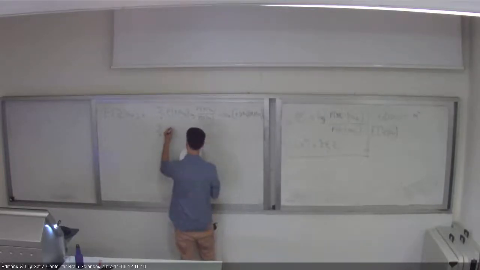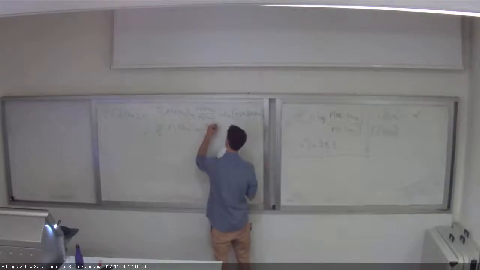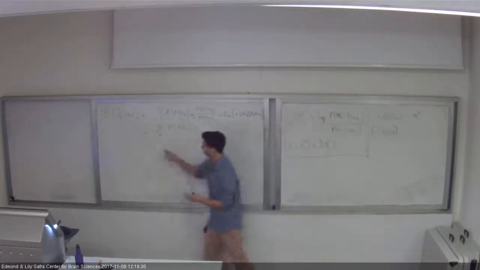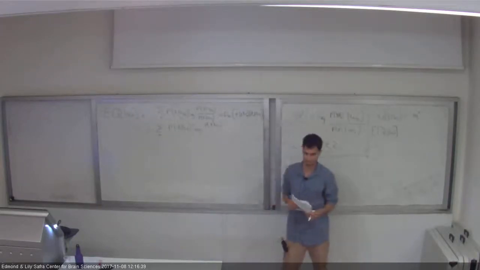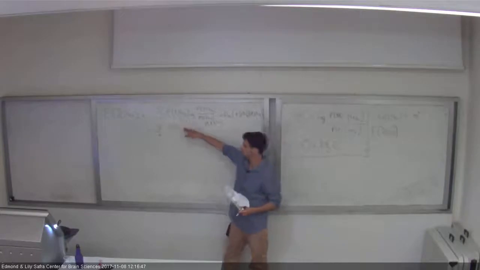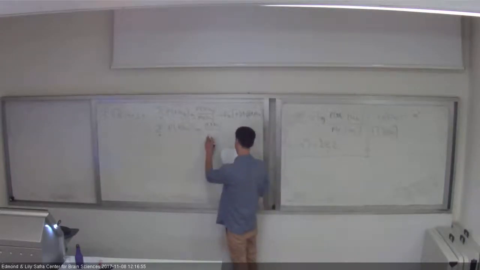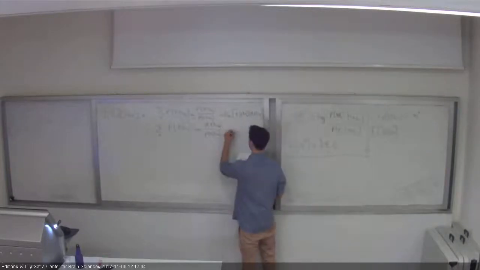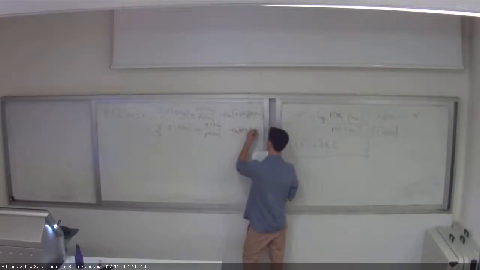So this is equal to the sum of P of x given omega 1 times log of P of x given omega 0 over P of x given omega 1, and this is equal to minus the DKL of P of x given omega 1 and P of x given omega 0.